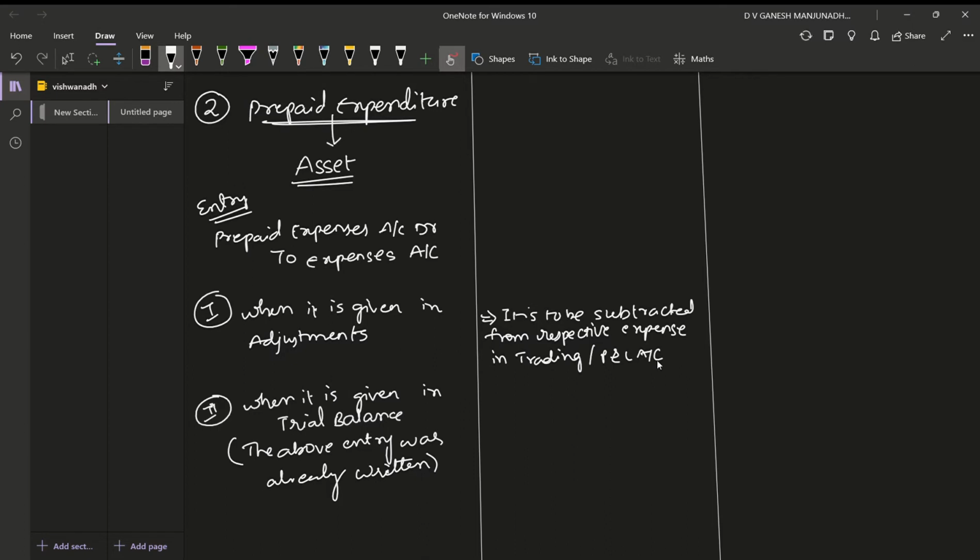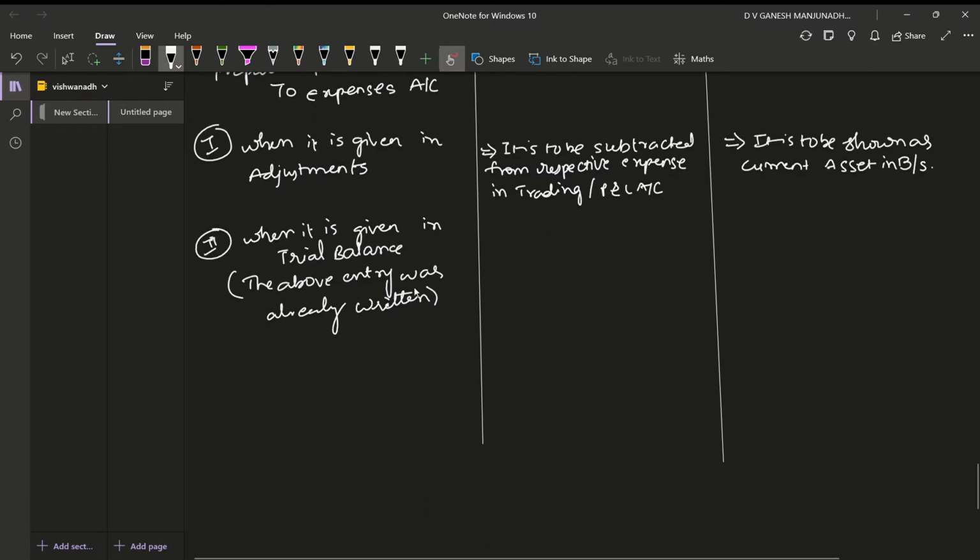Okay, when it is given in adjustments, it is to be subtracted in trading or P&L account for the respective expense, and it is to be shown as current asset in balance sheet. It is to be shown as current asset in balance sheet.